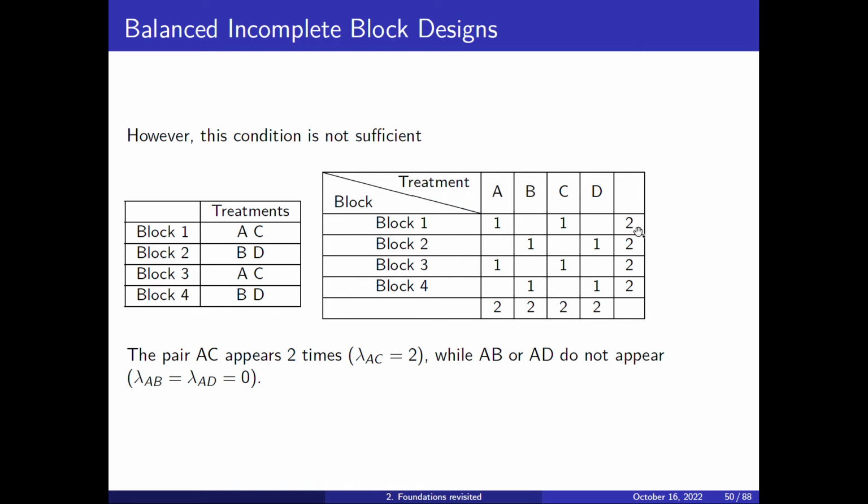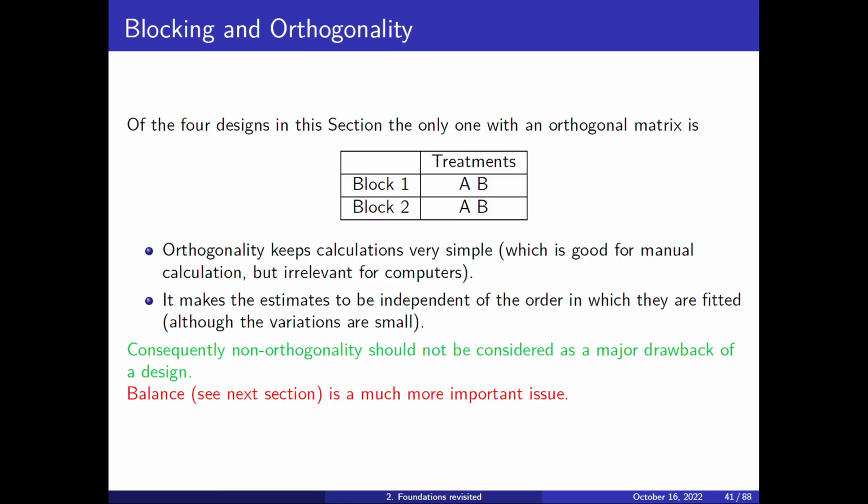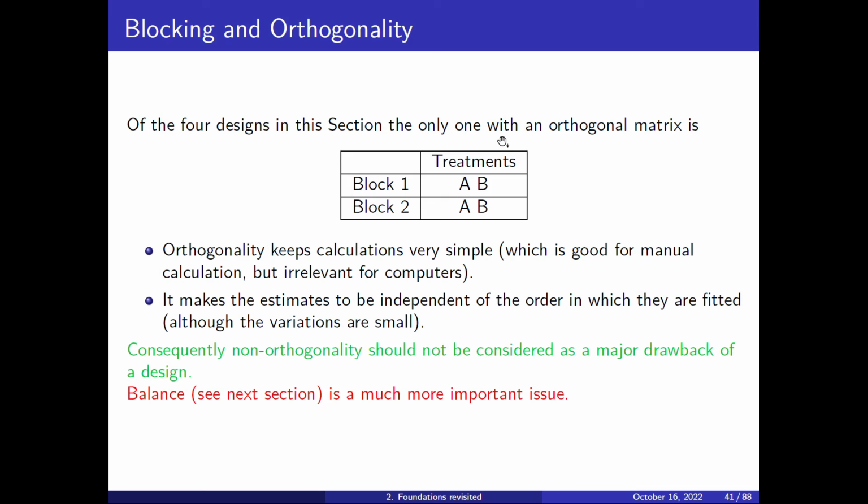Now the sums by rows and columns are the same, but it is not balanced because the pair AC appears twice, but AB or AD do not appear, so these lambdas are 0, so it is not a balanced design. Actually, this is the same design that we had before, that we said is an incorrect design because we are confounding the blocks with the treatments.